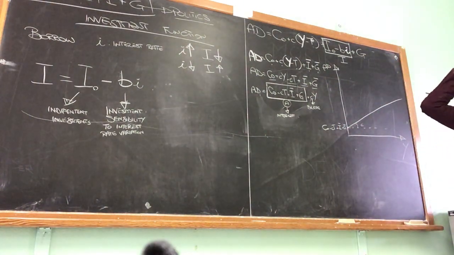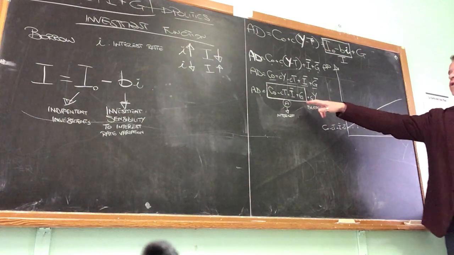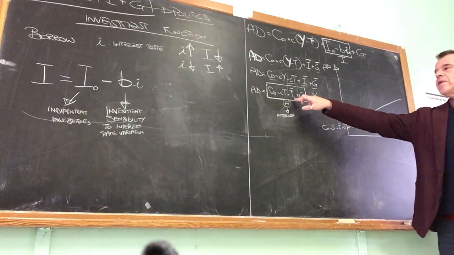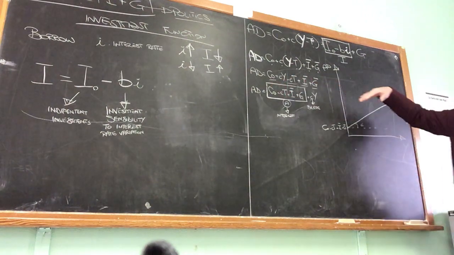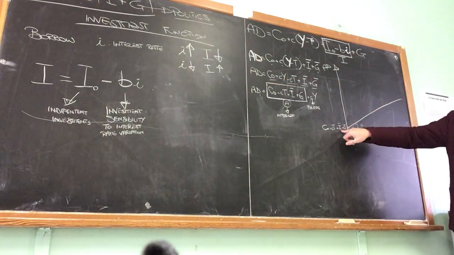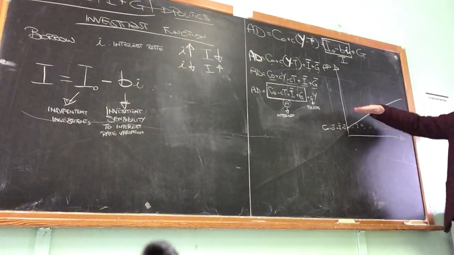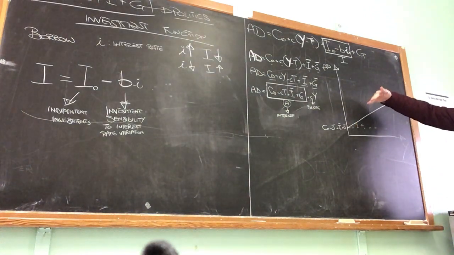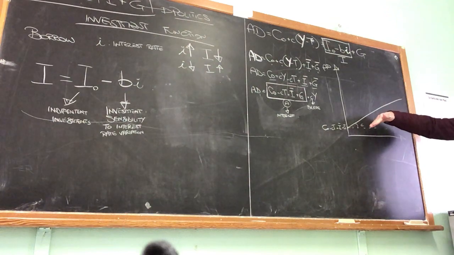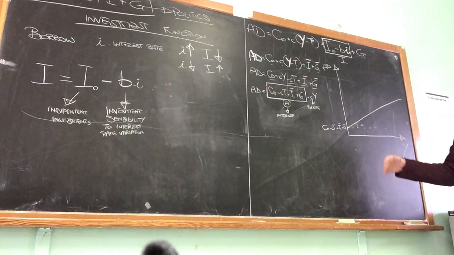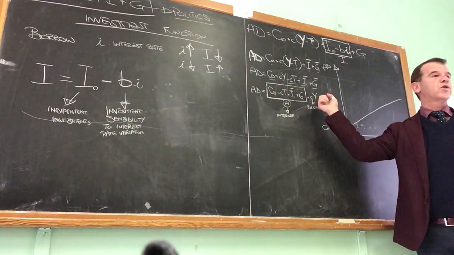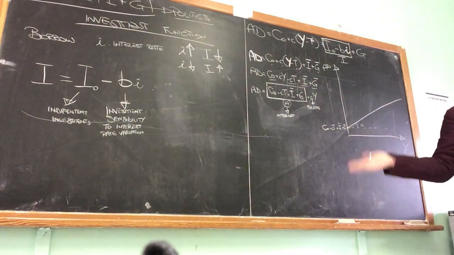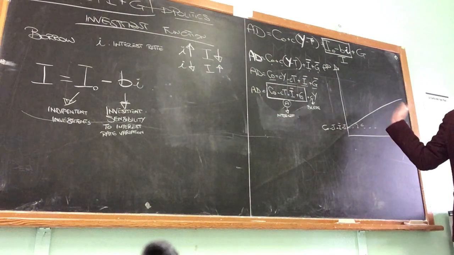So I think it's easy to understand that if one of these factors increases, if C0 or I or G increases, the straight line will go up in parallel, and if it decreases, it will go down in parallel. While if we have a variation of propensity to consume, this will change its inclination.